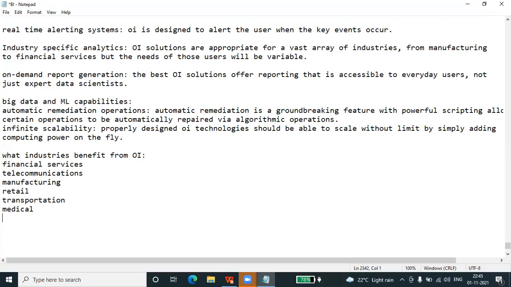Then operational intelligence tools can be used to monitor a variety of healthcare operations, including hospital patient intake, triage, and pharmaceutical and inventory management.